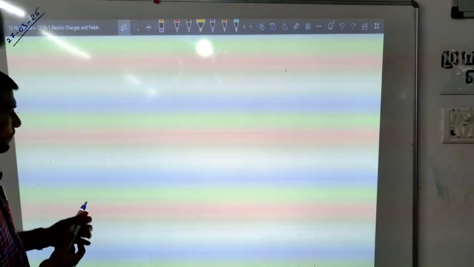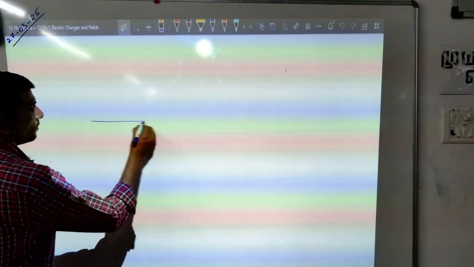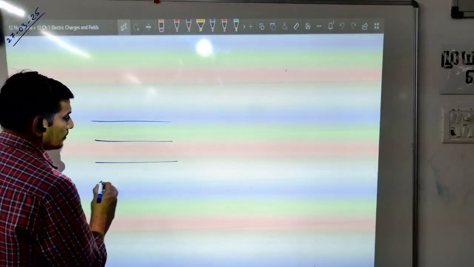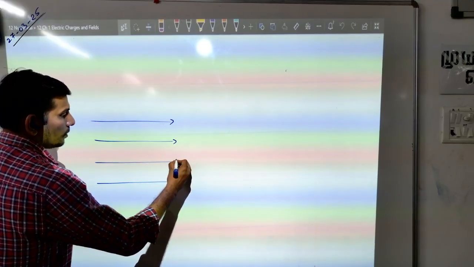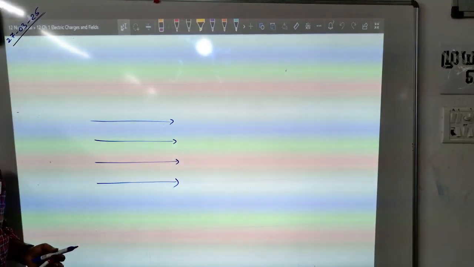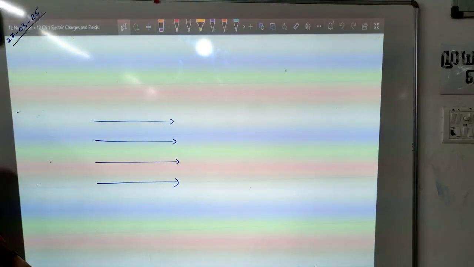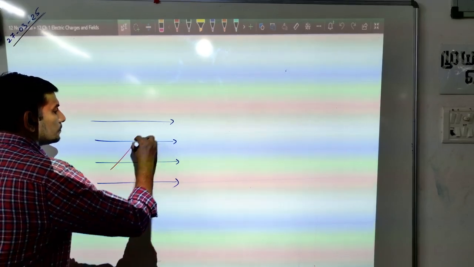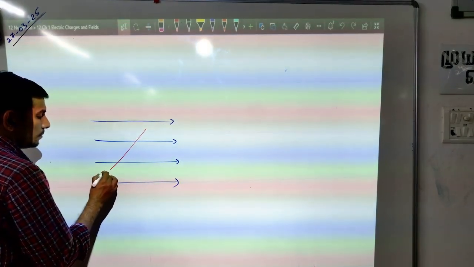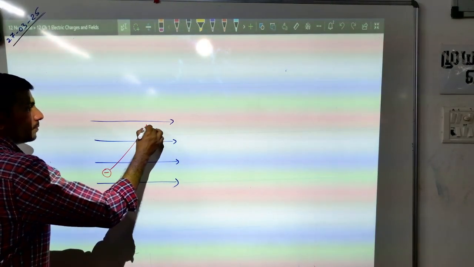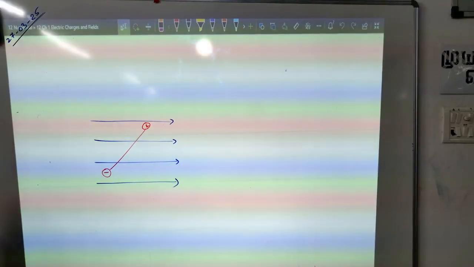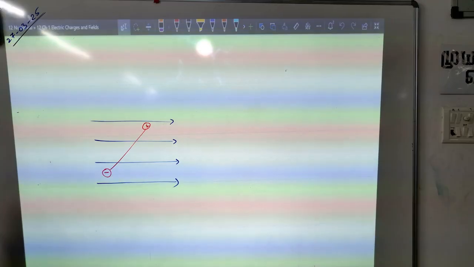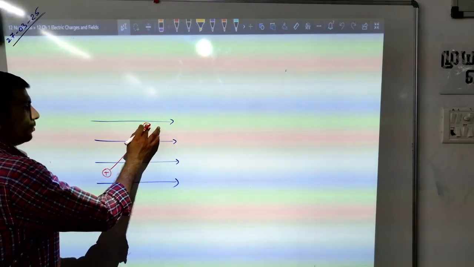So let's imagine I have a dipole present in a uniform electric field. You can just take plus and minus, the way you want.